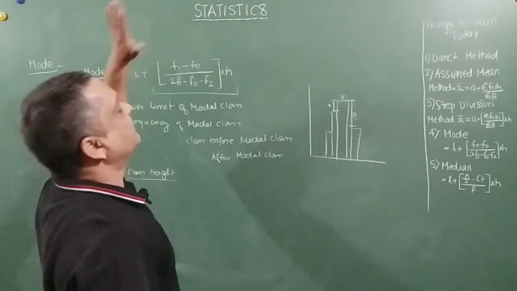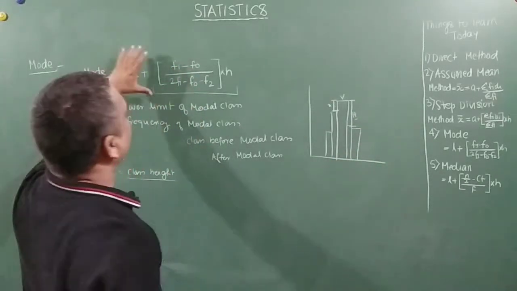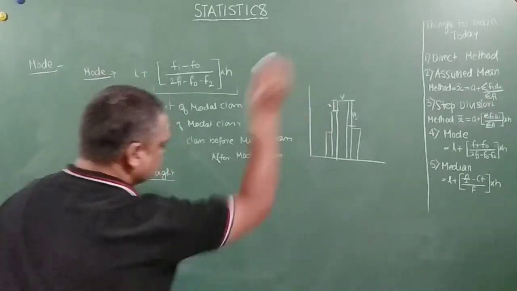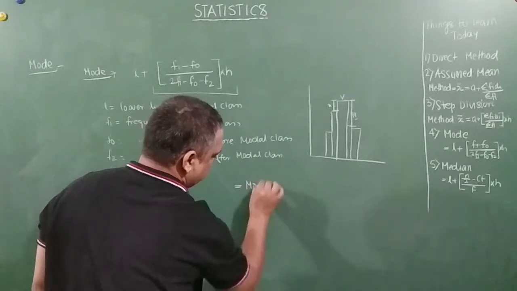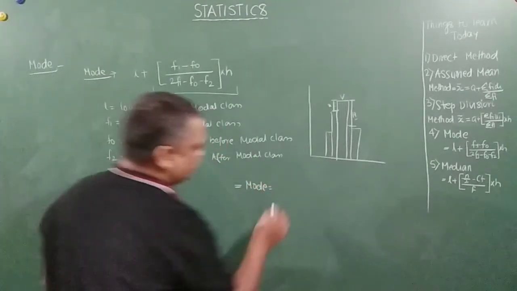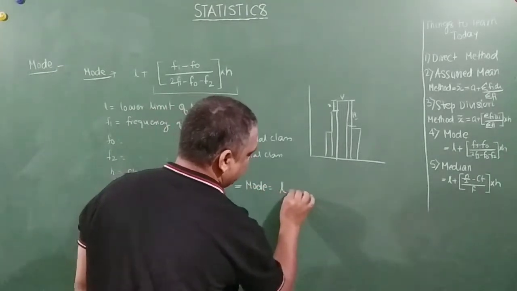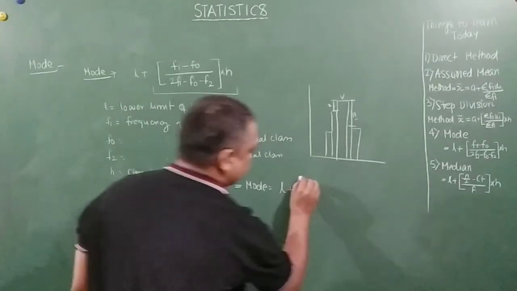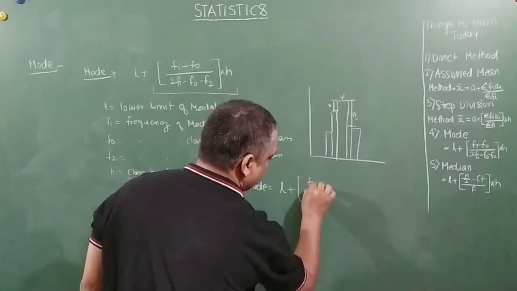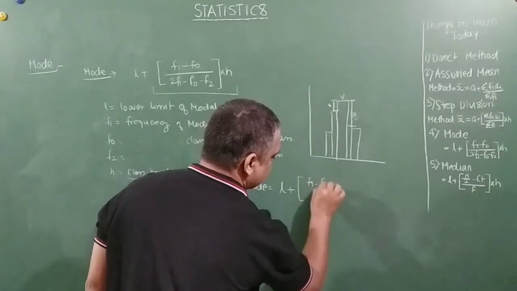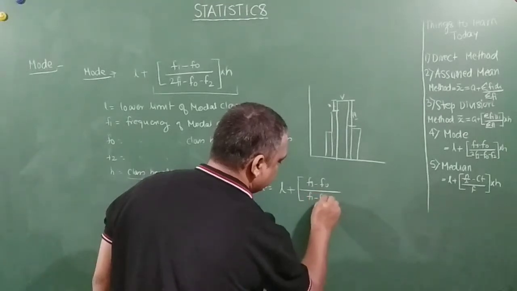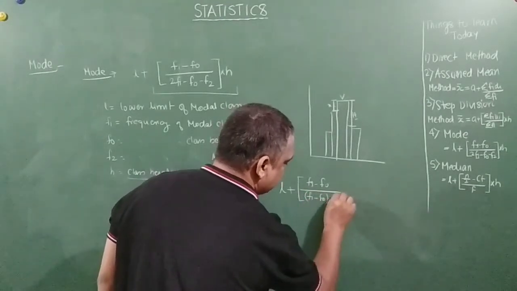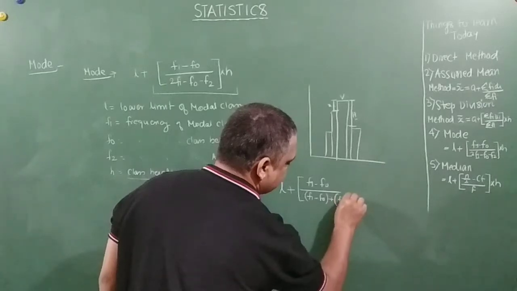To appreciate it very well, we will represent this. So mode is equal to, of course, lower limit plus (f1 minus f0) divided by (f1 minus f0) plus (f1 minus f2).